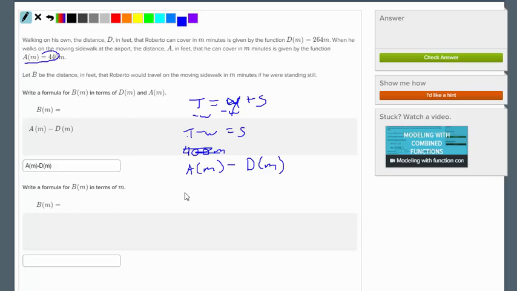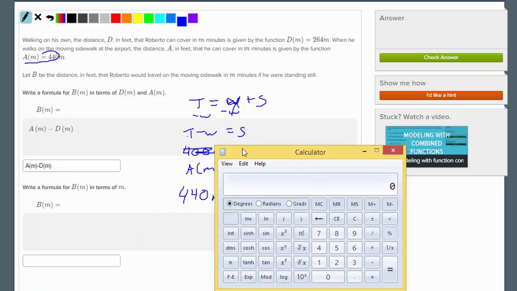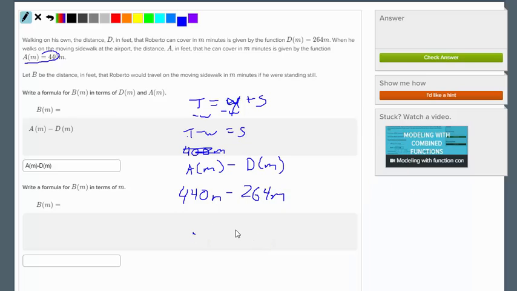So A of m is 440 m minus d of m, which is 264 m. I'm not going to trust my brain to do this, so I'm going to grab a calculator. So 440 minus 264 should give me 176 m. All right, so 176 m is what it should be.